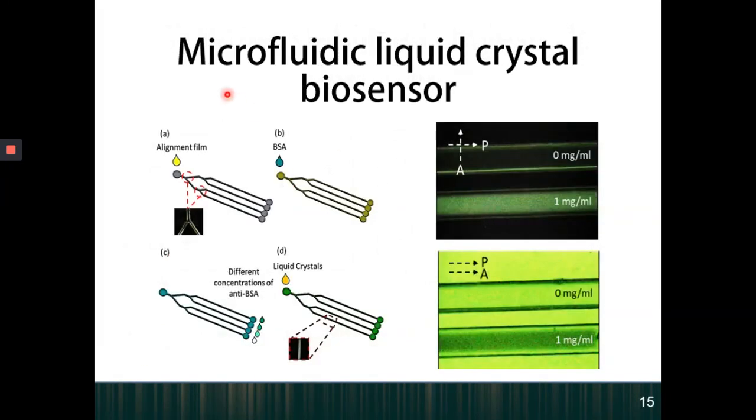Another application was the microfluidic liquid crystal biosensors. We put liquid crystals in these multi-channel microfluidic devices, and we can quantize each channel's brightness. You can see that this is 0 microgram and this is 1 microgram, in cross polarizers and in parallel polarizers. So we can observe that inside the microchannels, liquid crystal can align well inside the channel and detect the biomolecular concentrations.